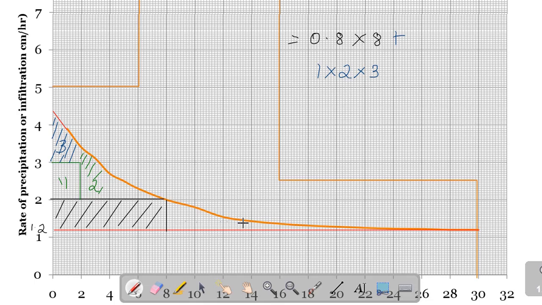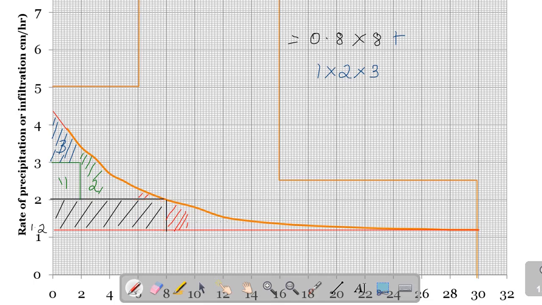Next, here we have to measure this area. First one, I am going to consider this area plus this one, approximately equal to the area of this much.